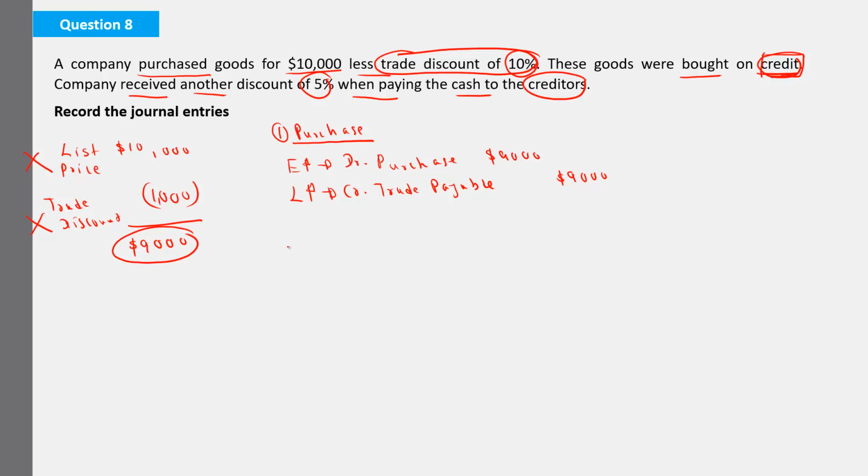Now I am going to make the settlement for the supplier. When I am going to make the settlement, my supplier is giving me a further cash discount of 5%. So 9,000 is the amount that I should pay to my supplier. From that, my supplier is giving me another 5% cash discount.